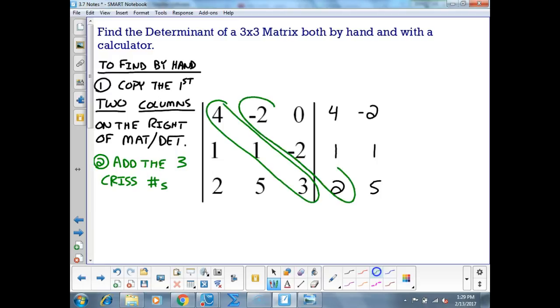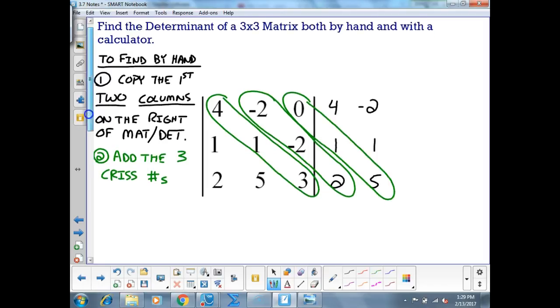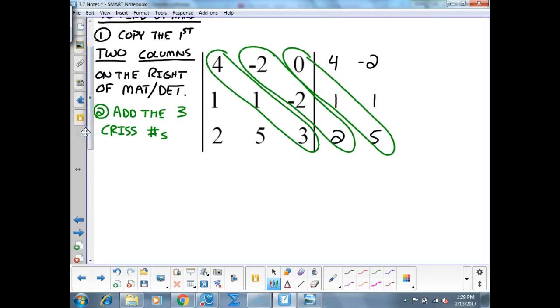Here's 2. And here's 3. So that would be 4 times 1 times 3 plus -2 times -2 times 2 plus 0 times 1 times 5.